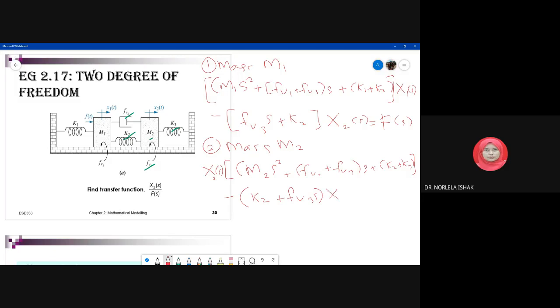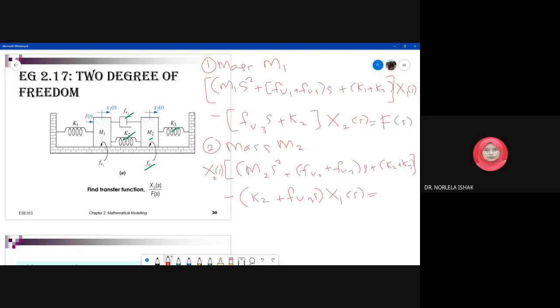And multiply dengan apa ni? Betul tak? X1. Kan? Equal to? Equal to force. Apa? Ada tak force dekat X2? Tak. Tak ada.